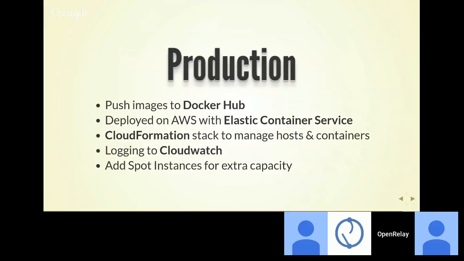So with the Elastic Container Service, we can add a spot instance into our ECS cluster, and we can use that extra computing power to process orders while we have it. And then if it goes away, then the services get rebalanced back onto our core set of virtual machines, and the processing will continue.